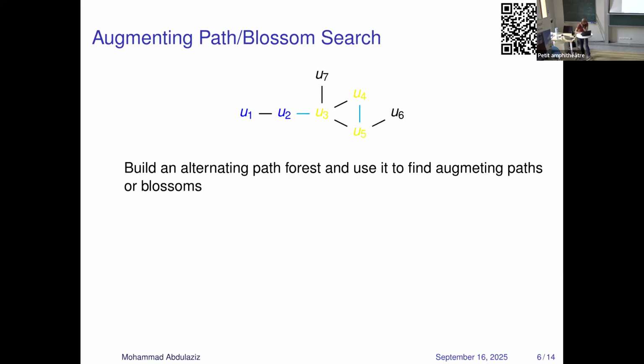Another thing in this algorithm that I want to point out, and which is very common to combinatorial optimization algorithms, is that you usually have a big while loop or a big computational object that you want to reason about. In our case, you have to search for augmenting paths somehow, so you need an algorithm to do that.